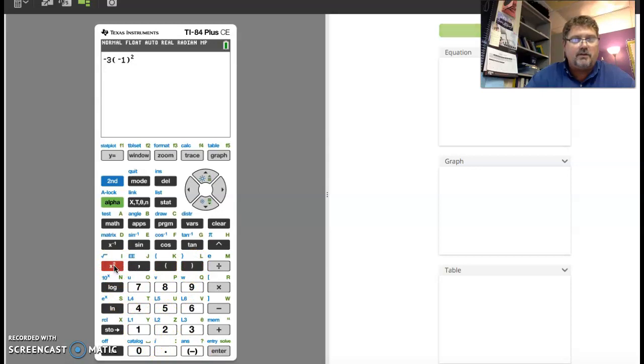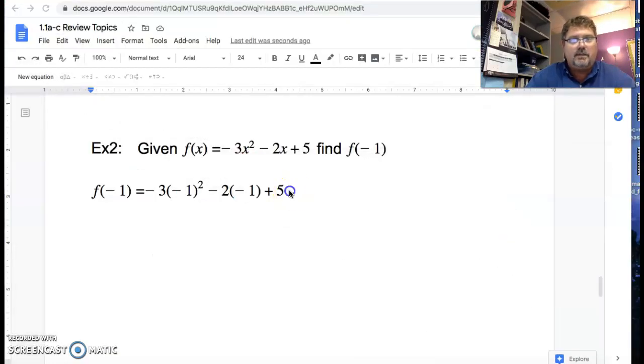It's a shortcut to squaring. And it says minus 2 times -1 plus 5. And that value is 4.